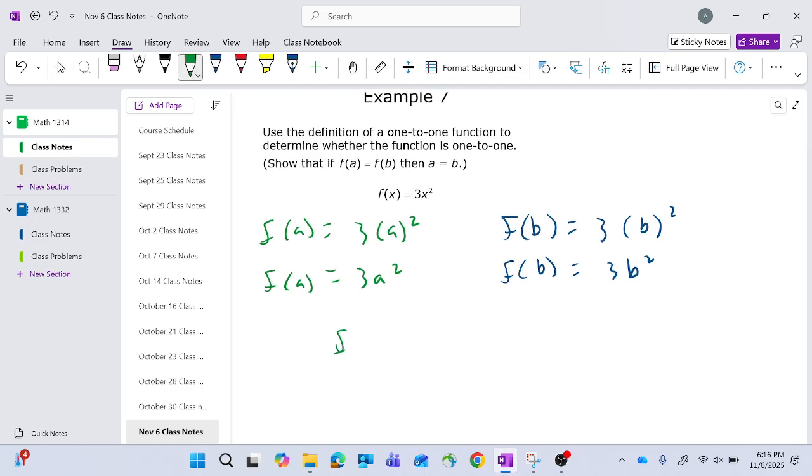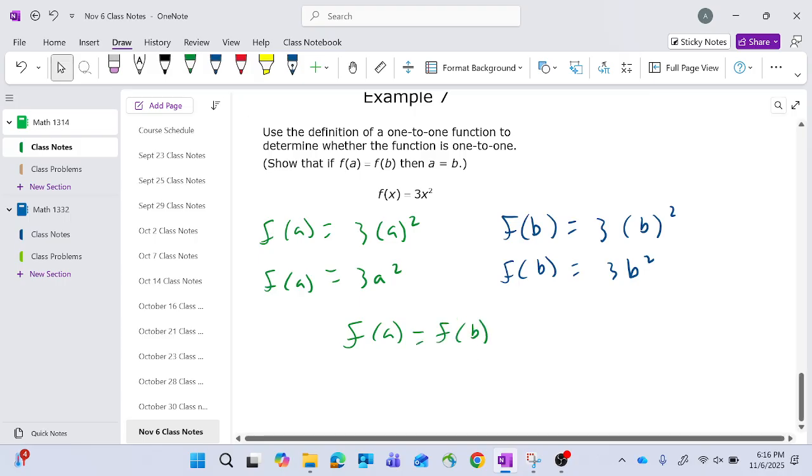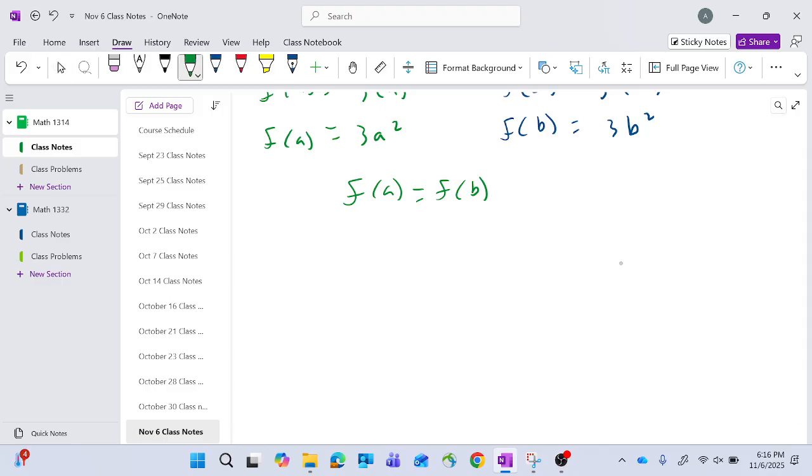So now we have f of a equals f of b. We want to set these equal to each other and see how a and b relate. We have 3a squared equals 3b squared. Just solve for a or b, it doesn't matter which one. If I divide both sides by 3, you have a squared equals b squared.